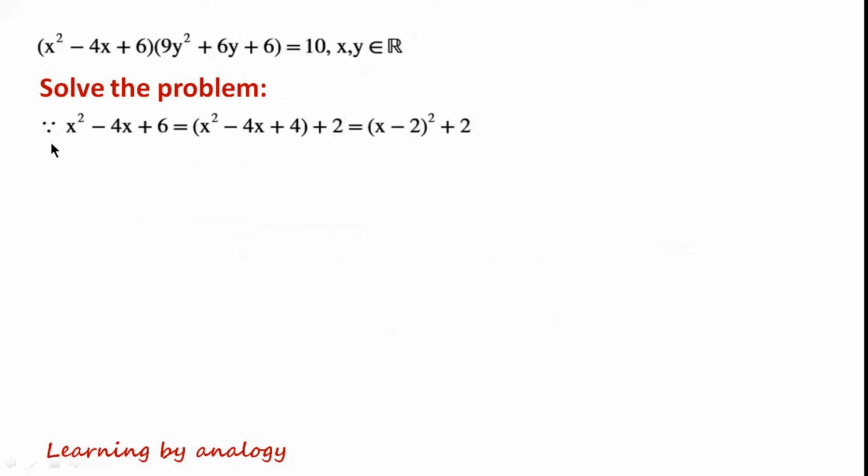Because x squared minus 4x plus 6 can be written as x squared minus 4x plus 4 plus 2, we can write x squared minus 4x plus 6 as x minus 2 all squared plus 2 by completing the square.